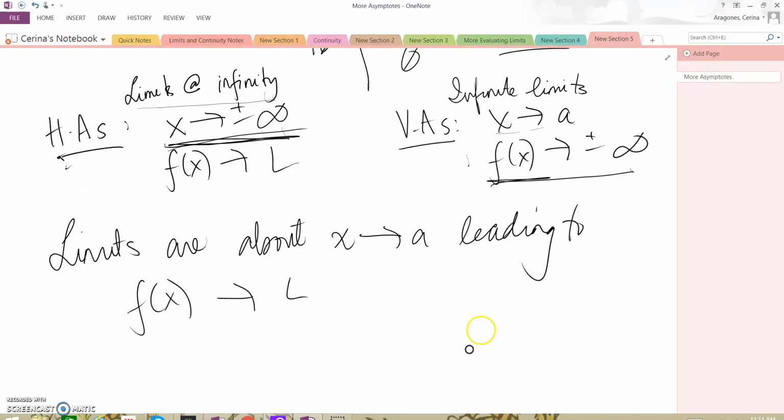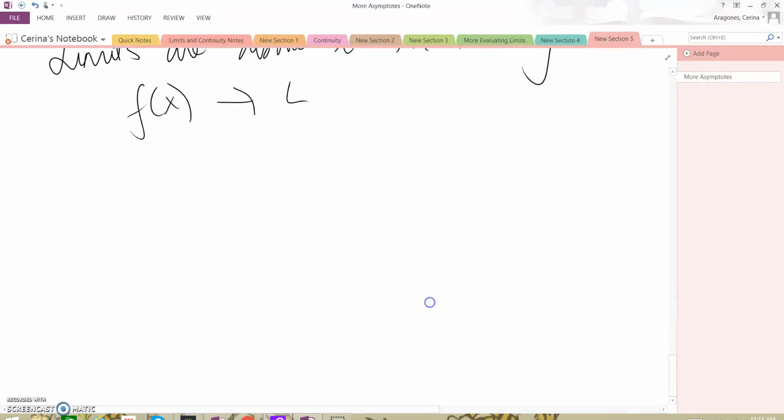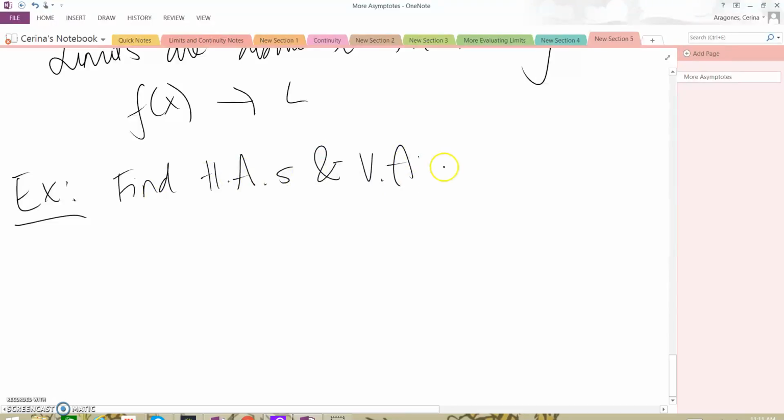So now maybe you can try your own practice problems. So why don't you find the horizontal asymptotes and vertical asymptotes of these examples.